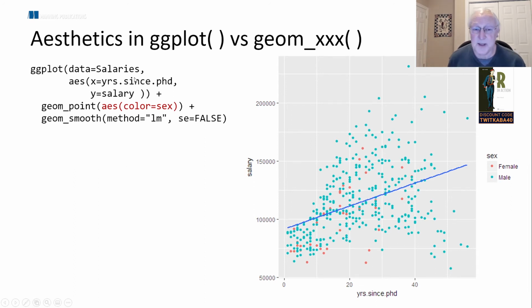What that gives me is separate colors for males and females in terms of their points, but a single line of best fit for all the points for the smooth. If I do this, the aesthetic only applies to the function that it's in. So that's the difference between putting an aesthetic in the ggplot function versus putting it within the geom function.